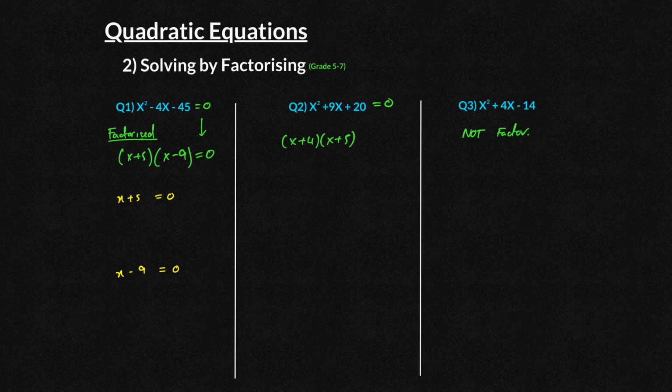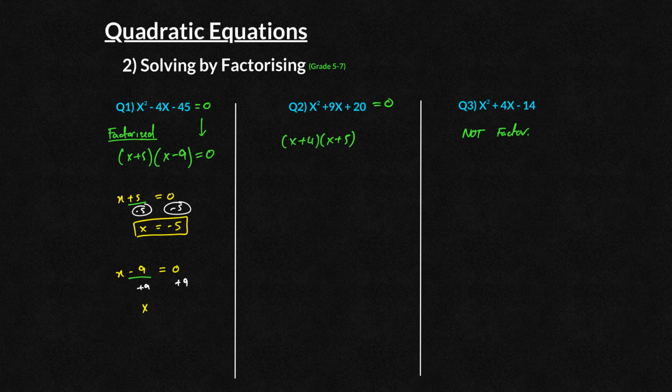So now if we do our algebra, we need to get x by itself. So I need to get rid of this positive 5. Well, in order to get rid of that, I take away 5 from both sides. So I end up with x equals minus 5. And that's one solution. And then same here, I need to get rid of this negative 9. So I'm going to add 9 to both sides.